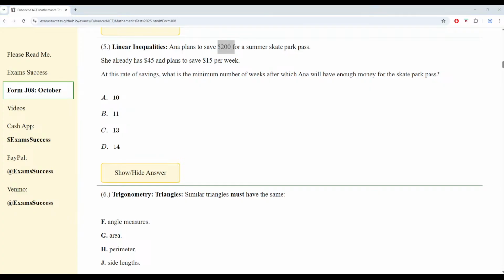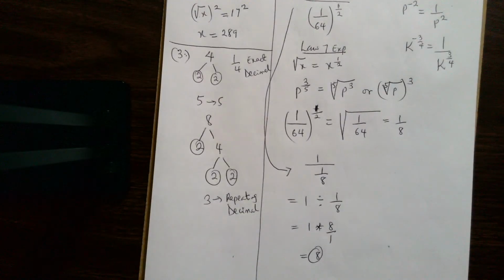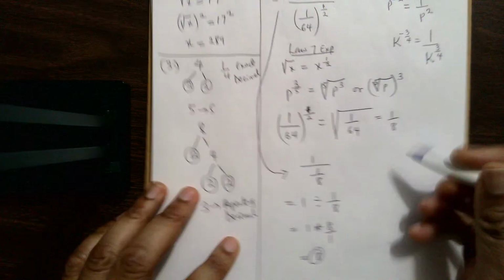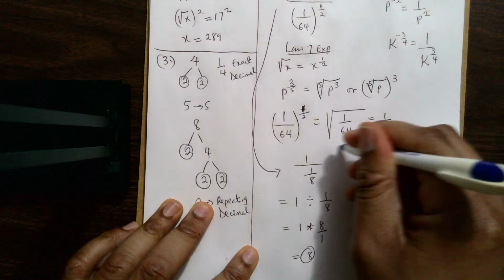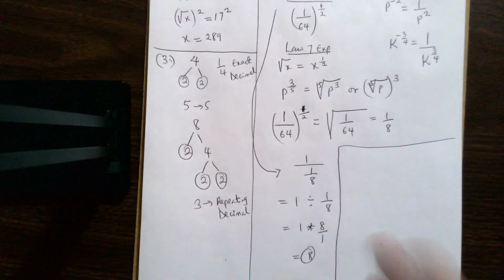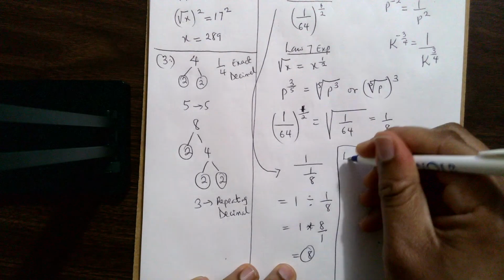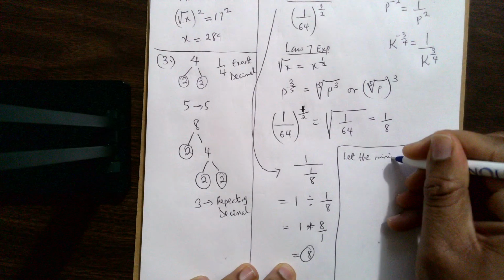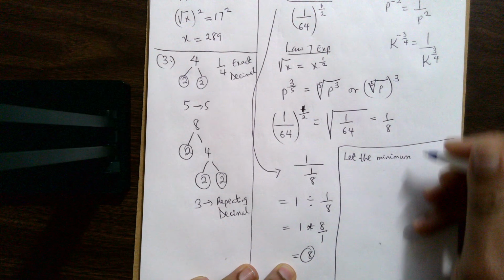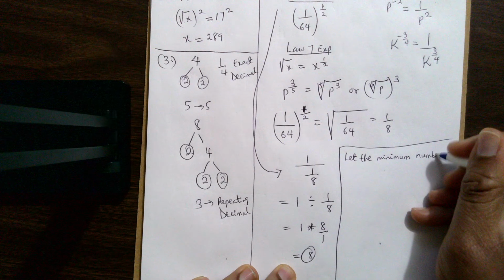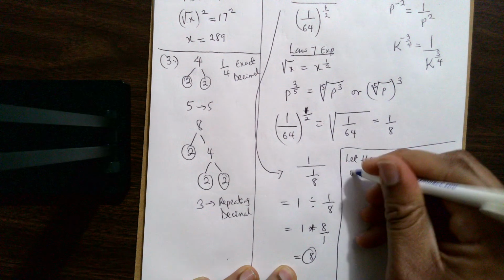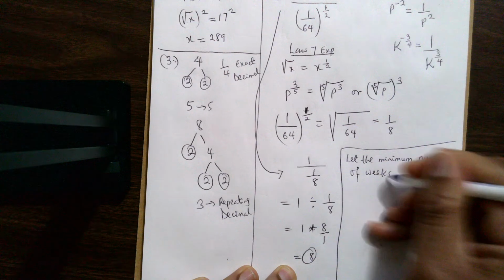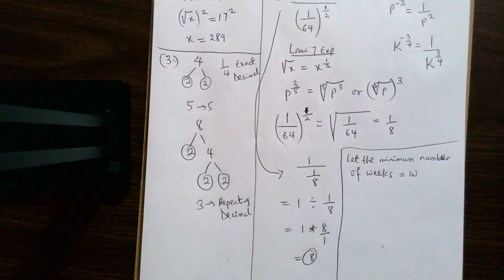So the first thing we do is we can now say, let the minimum number of weeks be W. We define the variables first.